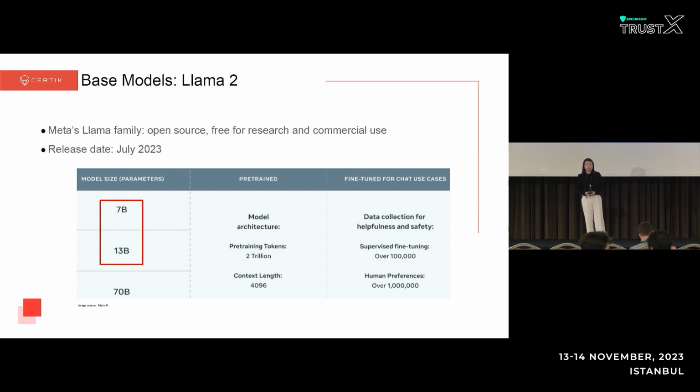Llama 2 is also a model that was pre-trained with more than 2 trillion tokens, and it has a context length of up to 4K. They also provide different model sizes, such as 7 billion parameters, 13 billion, and an even bigger one with 70 billion. In our experiments, the results we're going to share today are for the 7B and the 13B.